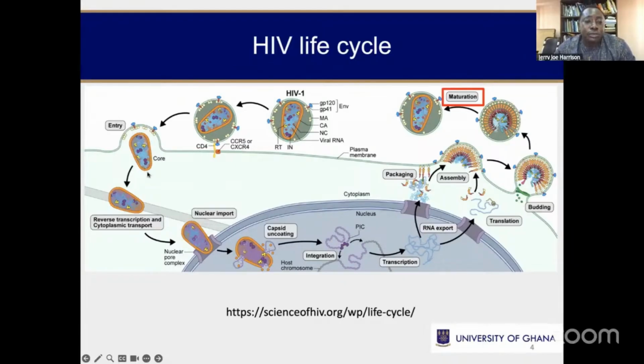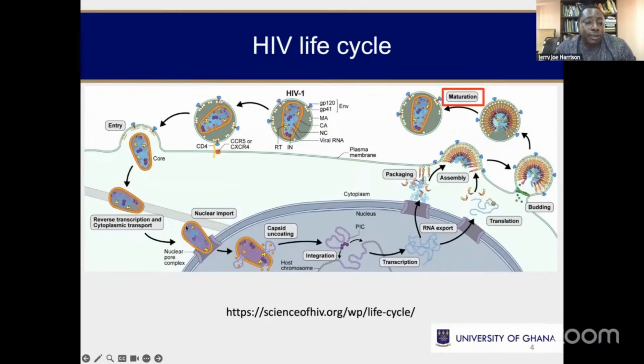When the core is released into the cytoplasm, it gets transported through microtubules or whatever cargo it is into the nucleus. Now, it is believed that in the course of the transport of the fullerene cone structure into the nucleus, reverse transcription takes place where the single-stranded RNA genome gets copied into a double-stranded DNA.